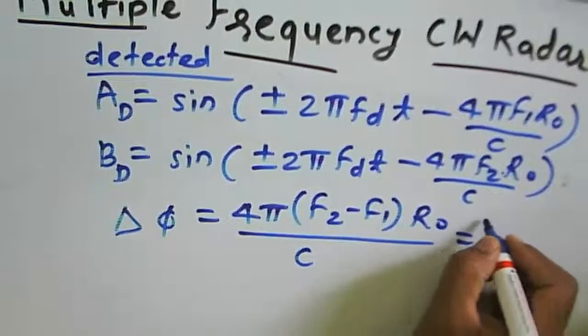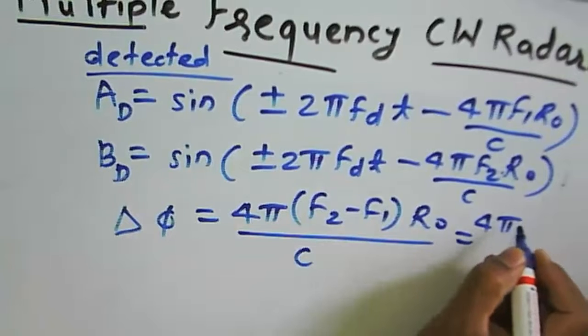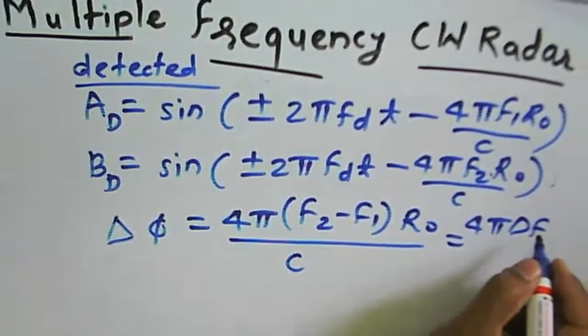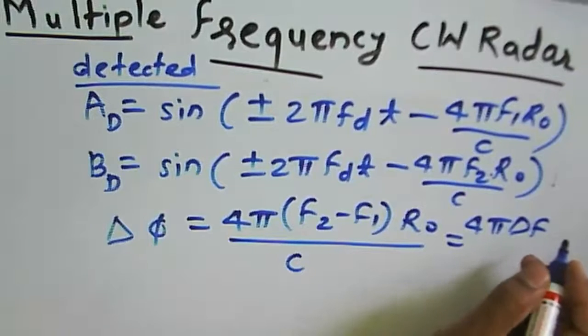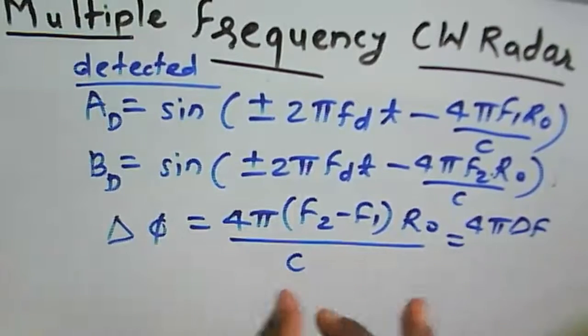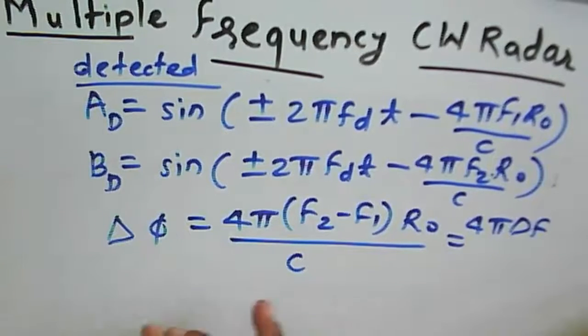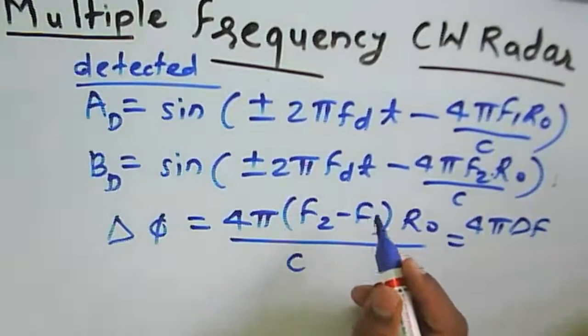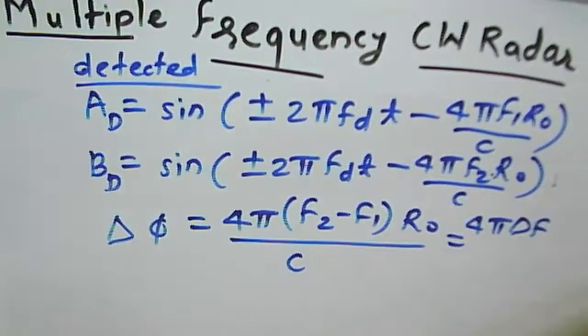So directly, this difference in the frequency, f2 minus f1, is nothing but the difference in frequency related to the Doppler frequency we mentioned earlier. So f2 minus f1 is nothing but the deviation between the two frequency signals.